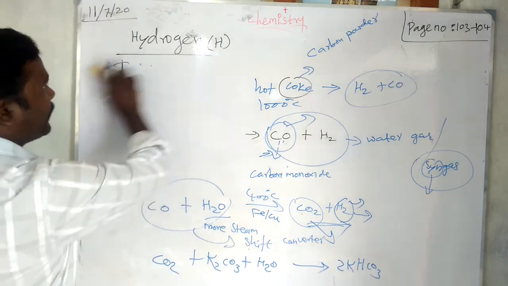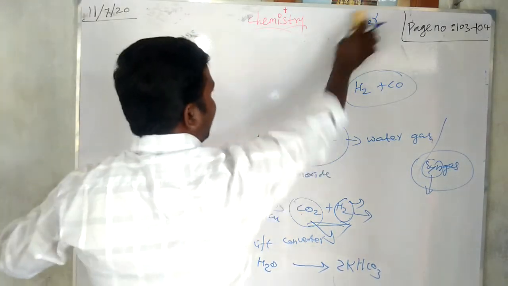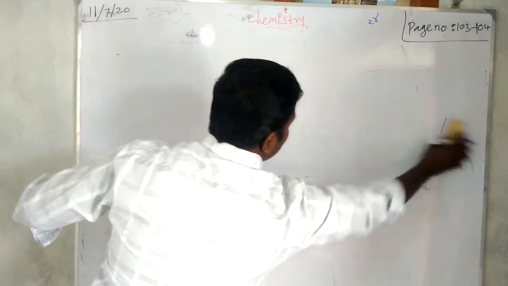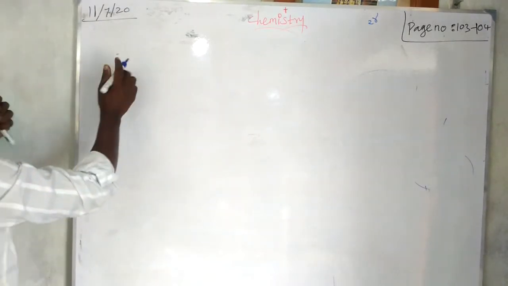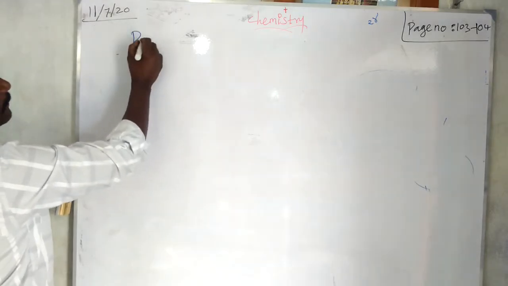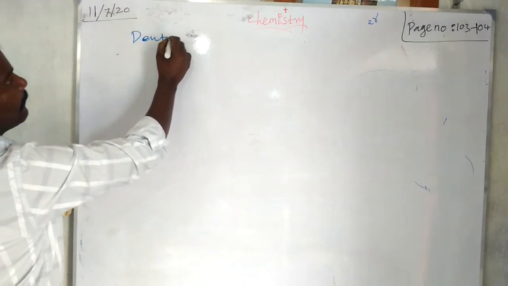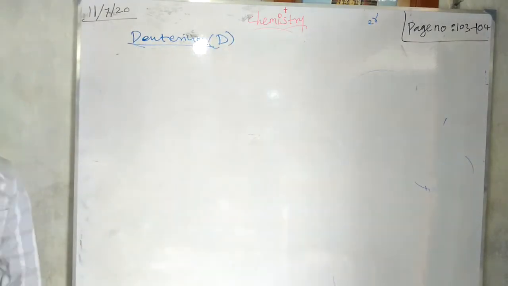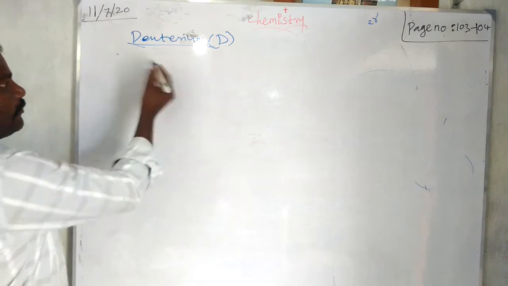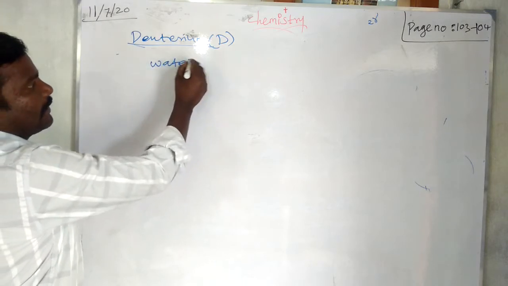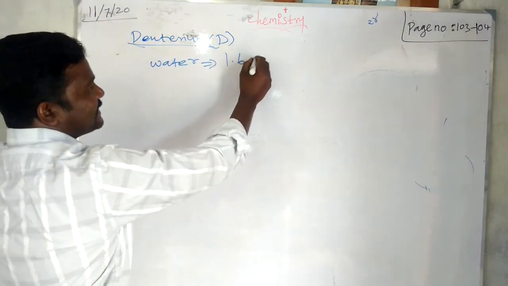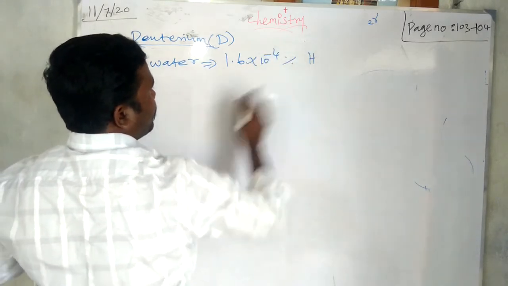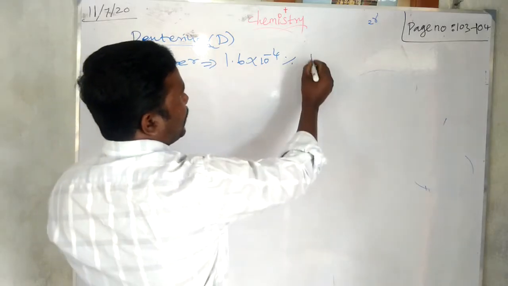Now we are going to prepare the second isotope of hydrogen. What's the second isotope? Deuterium, also called heavy hydrogen. Deuterium we are going to prepare. See, if you take water, in that 1.6 into 10 power minus 4 percentage of deuterium, heavy water, is present.